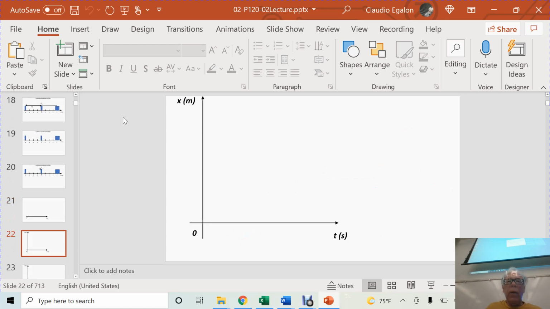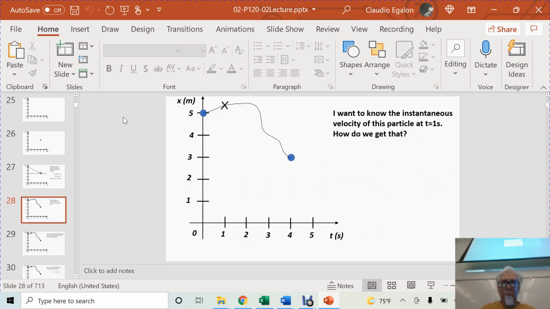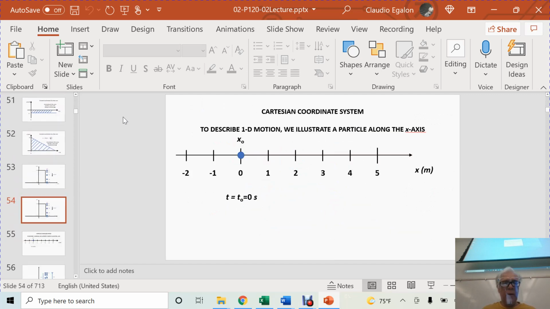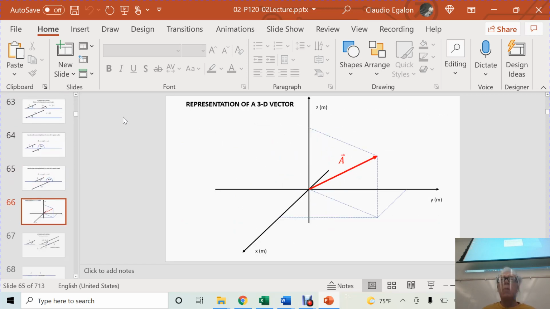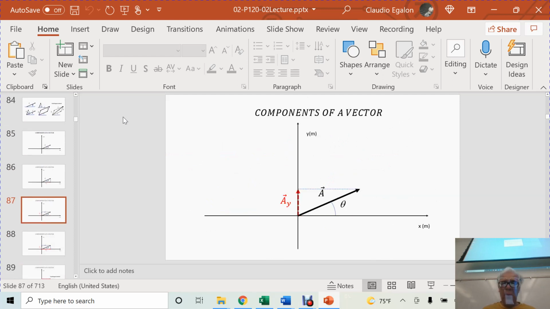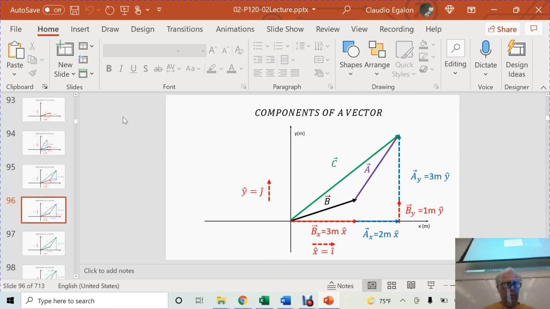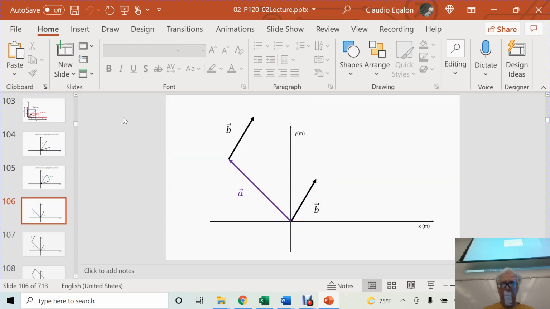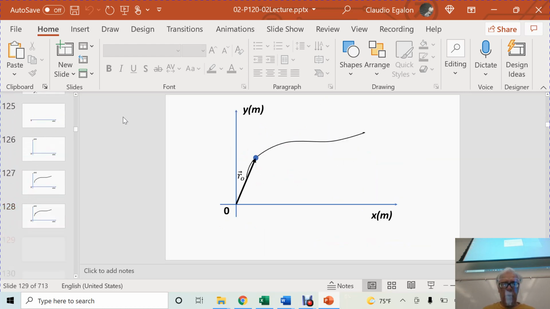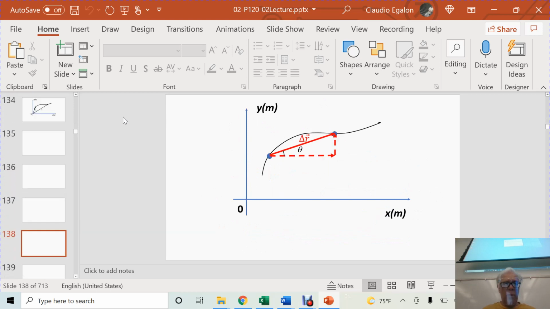I need to break down this PowerPoint in several sets of slides so I don't have to keep shuffling from one slide to another. I believe I have 500 slides here. Motion, go to the motion.